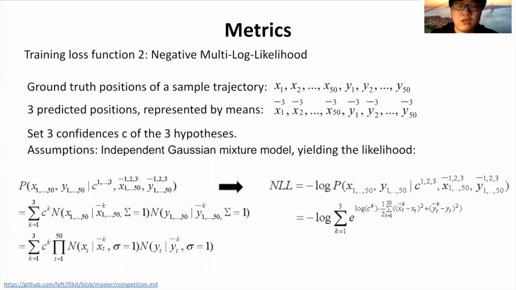So we could get the likelihood given the confidences and the predictions. By using the log operation and negating the probability distribution, we get the NLL formulation, which is shown in the lower right.